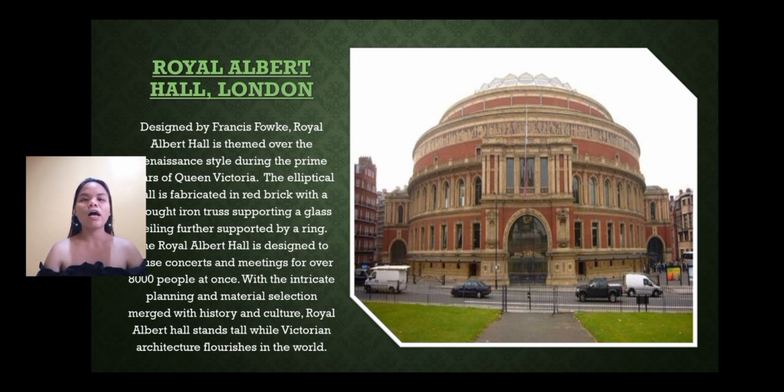The Royal Albert Hall is designed to host concerts and meetings for over 8,000 people at once, with intricate planning and materials selected, merged with history and culture. Royal Albert Hall stands tall while Victorian architecture flourishes in the world.